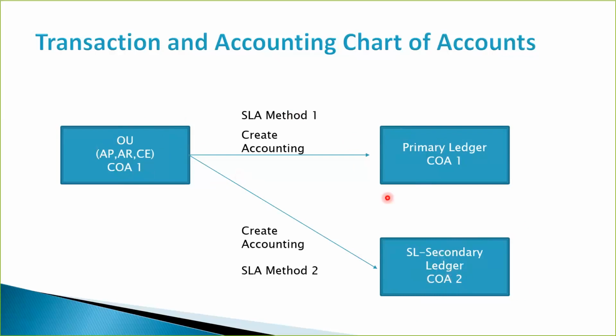So when you're customizing this particular subledger accounting method, you can specify it for this particular chart of accounts, all right? Because that is the reason why you have this secondary ledger setup, right? You want to have a different way in which accounting is created for whatever purposes.